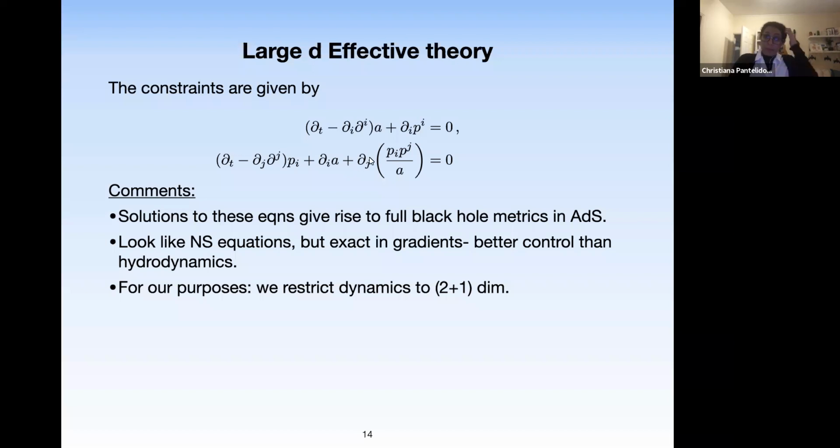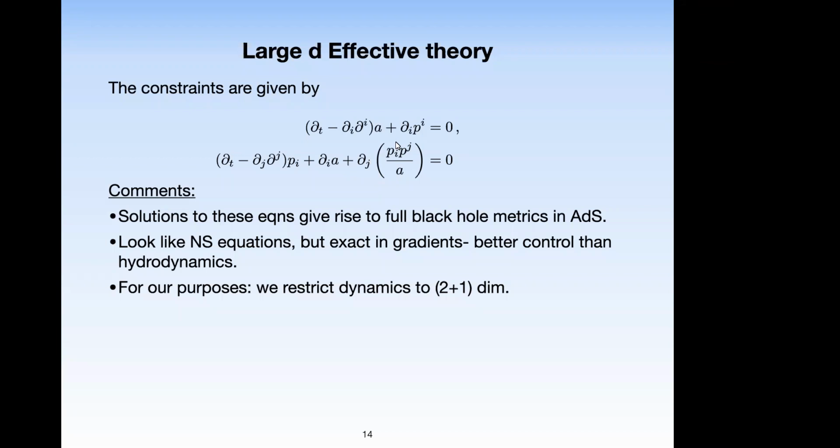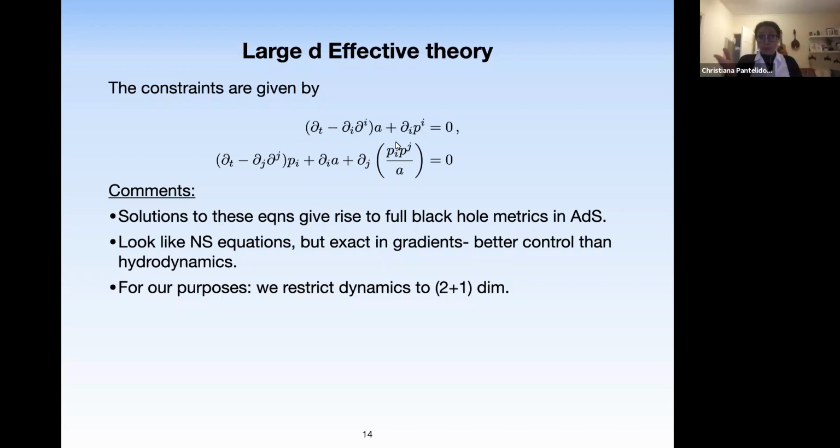Now, let me emphasize that we've done all the hard work analytically. If we simply solve these two equations, we will land on full black hole metrics in AdS, because we've already solved for the radial profile of the metric functions. Okay, so that was the first comment.